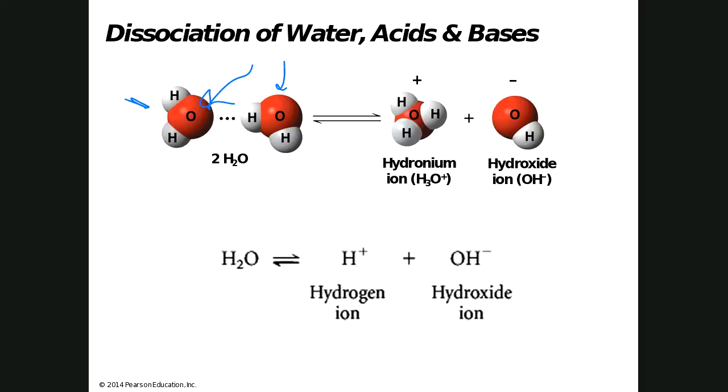I think they say in a liter of water, like 5 million water molecules are doing this at any one time. And even though that sounds like a big number, there's a boatload of water molecules in a liter of water. All right, so it's a small percentage of the water molecules that are doing this.